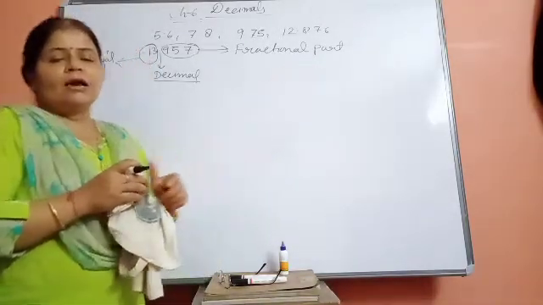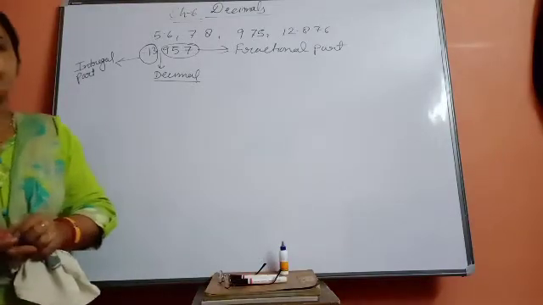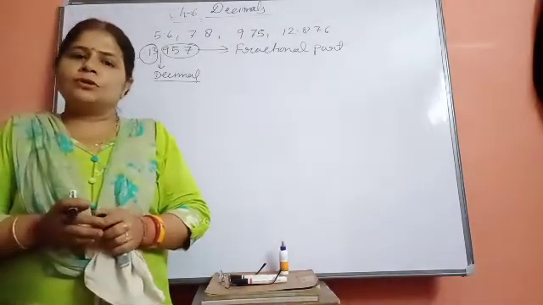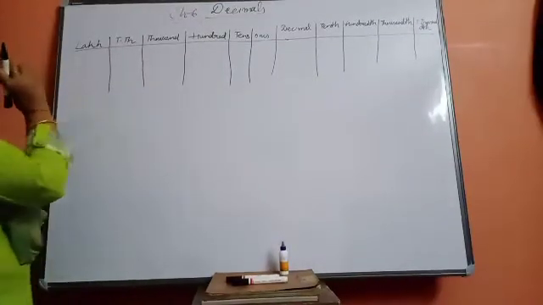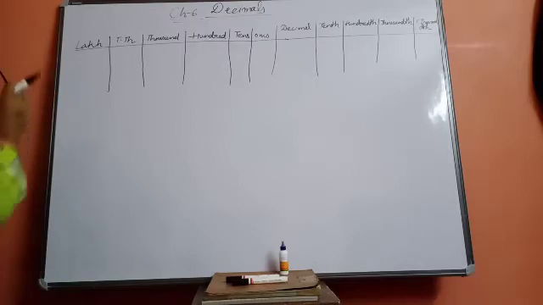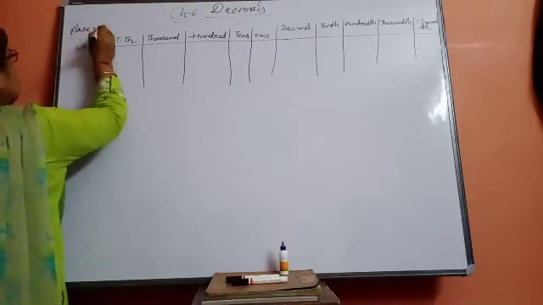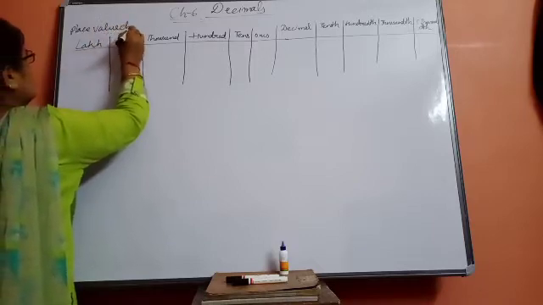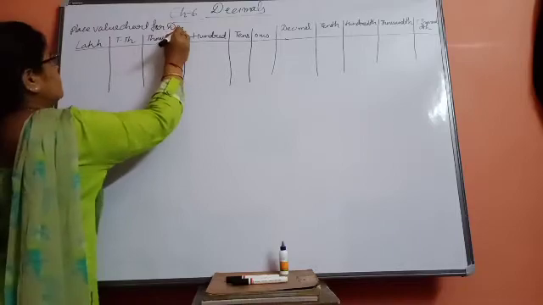Now we are going to make a place value table for the decimal number. This is your place value chart for the decimal system.